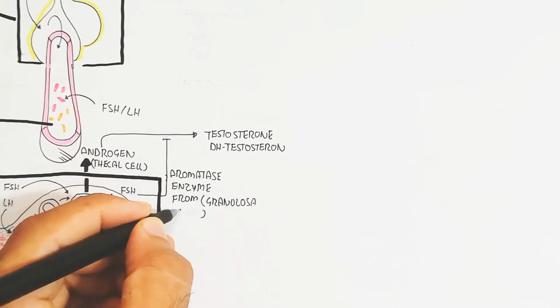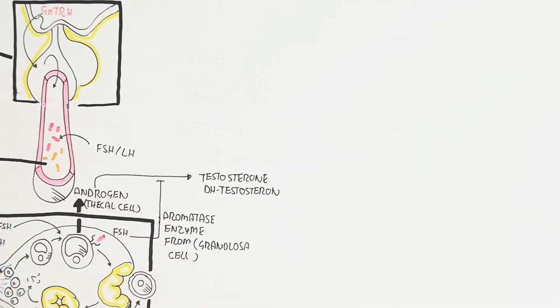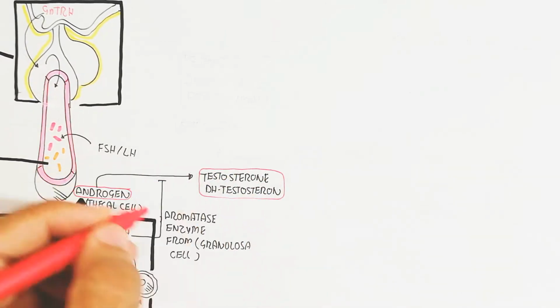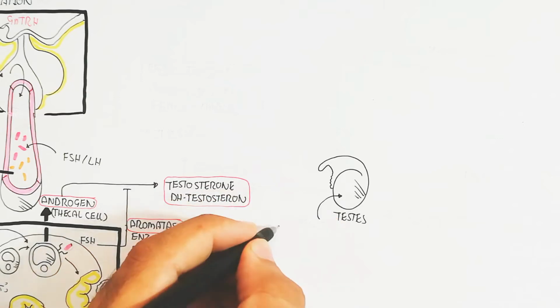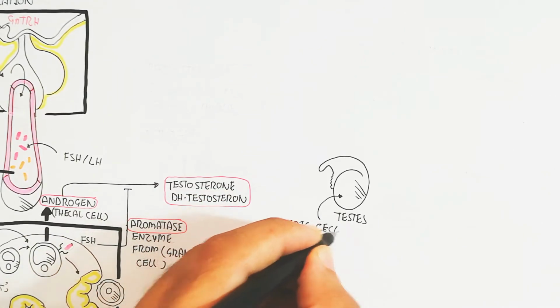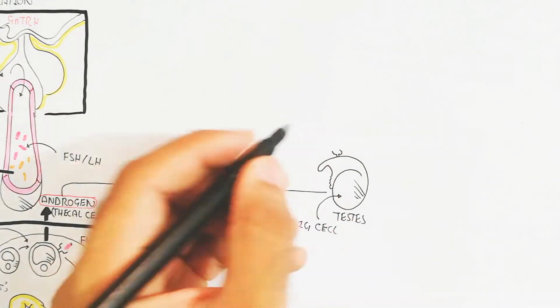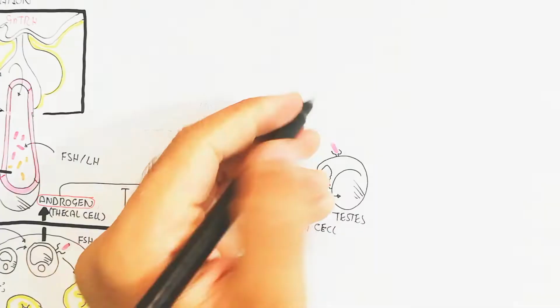An aromatase enzyme is produced from the granulosa cell when bound with the follicle stimulating hormone. So the luteinizing hormone basically binds to produce androgen, not follicle stimulating hormone. But the follicle stimulating hormone acts through the aromatase enzyme.